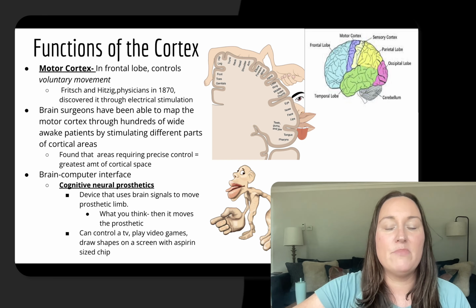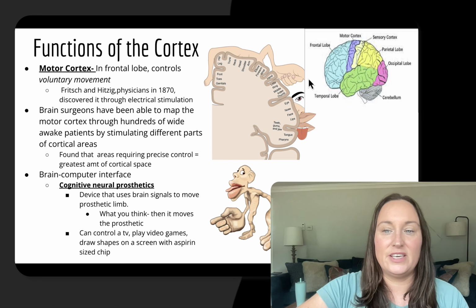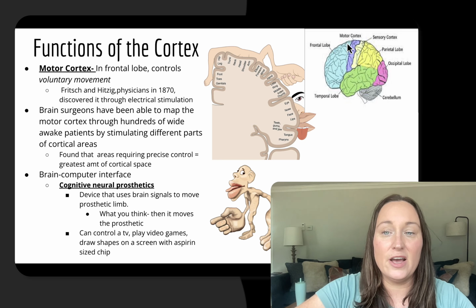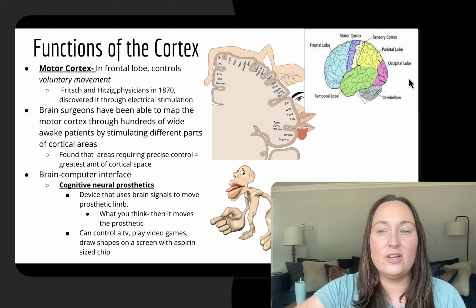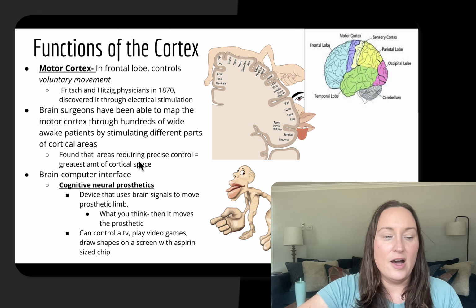Okay, so the motor cortex controls voluntary movement. That's the key word, voluntary movement. It is located in the frontal lobe, so that planning, judgment, decision-making area, but it's towards the back, so it's right next to the parietal lobe, and specifically right near the sensory cortex, which I'll talk about more in a second.